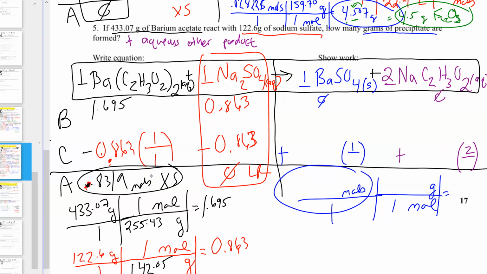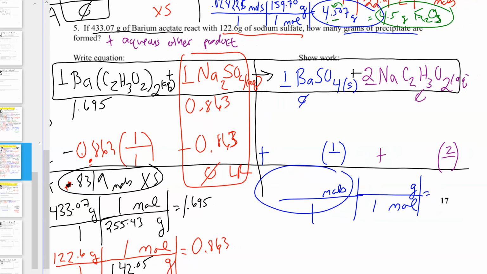They want how many grams of precipitate are made. Well, this one is a solid, this one's aqueous, so we just need to focus on our barium sulfate here. The ratio is 1 to 1, so how many moles did I just make? 0.863. Now I've just got to multiply by the molar mass of barium sulfate.